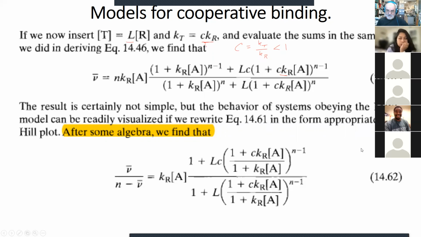And so you'll end up doing your best to rearrange all of this stuff. And you'll find that you get nu over n minus nu is equal to this common term, KR times A. And then there'll be 2 terms here, one involving LC in the numerator and one involving L in the denominator.